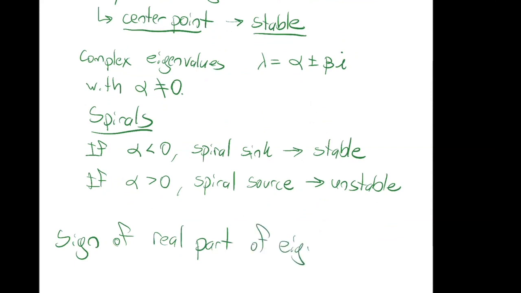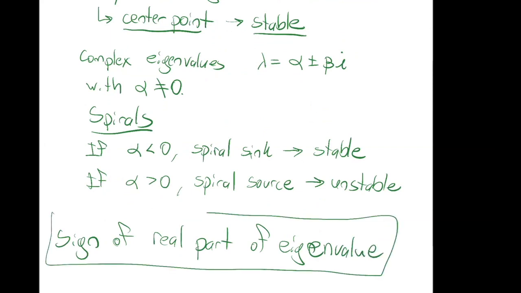The big takeaway here is that the sign of the real part of the eigenvalue is really going to determine whether this is stable or unstable, whether it's a sink or a source. And whether it's real or complex tells us whether we get things going right in, spiraling in, or maybe just orbiting around.